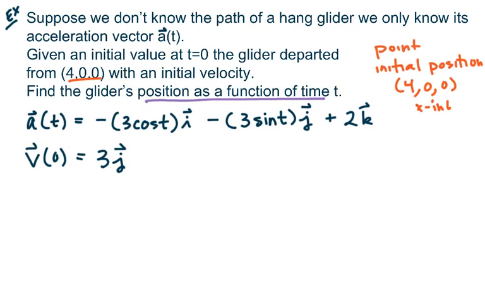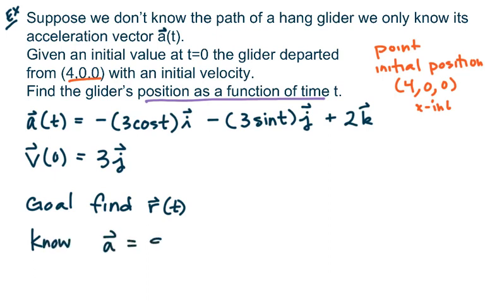So let's work through this problem. Our goal here is to find the position vector, r of t. And we need to think about what we know. We know our acceleration vector, and that the acceleration vector is the second derivative of position.